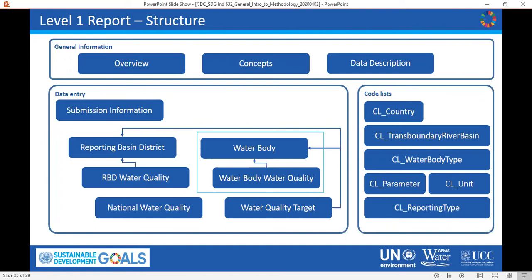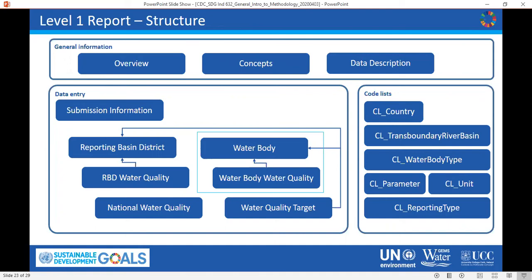If you choose to report at the water body level, there are again two tables called water body and water body water quality that allow you to provide information and metadata about the water bodies themselves, as well as the assessment results at the water body level. If you provide information just at the national level, this can be entered in the table national water quality, which contains the aggregated information for all water bodies being assessed.